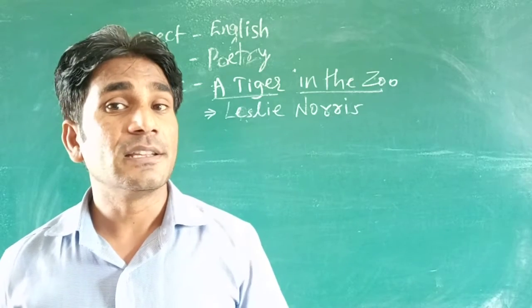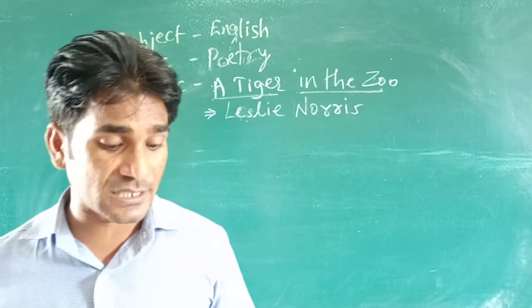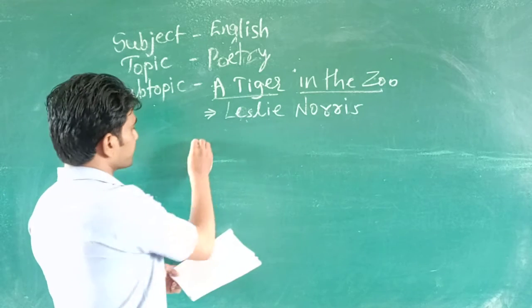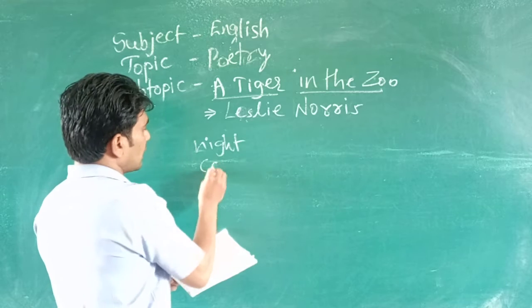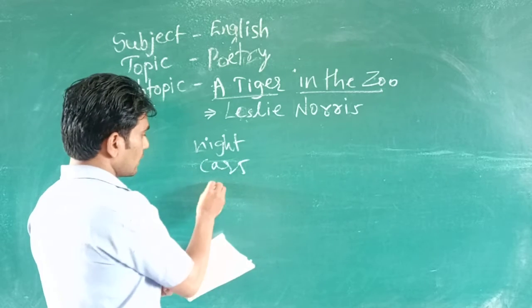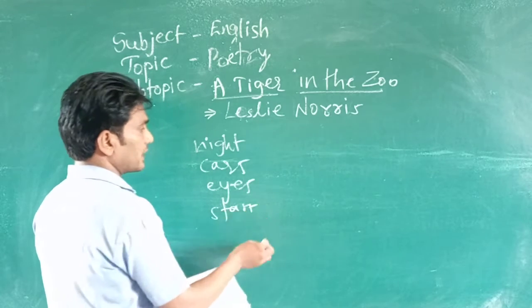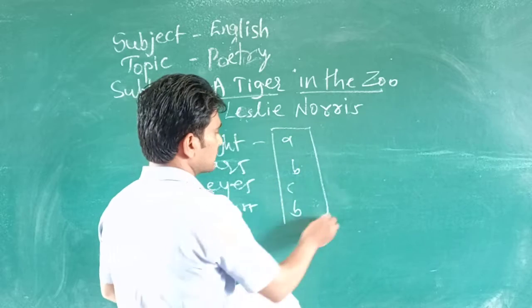So dear, this poem is ended here, but before that let's see the poetic devices that are used here. Again, what are the rhyming pairs? Let's see: night, cars, eyes and stars. So again A, B, C, B is the rhyme scheme.